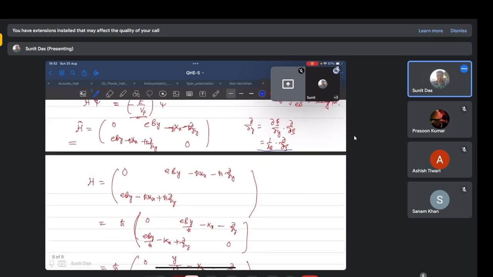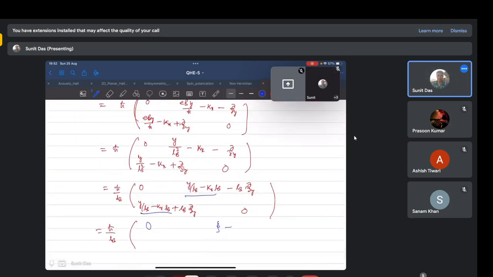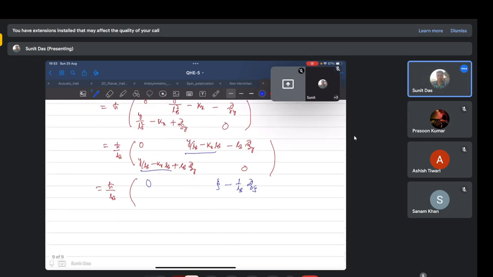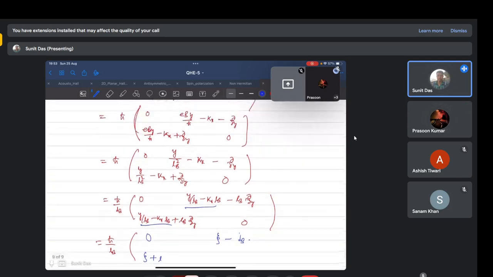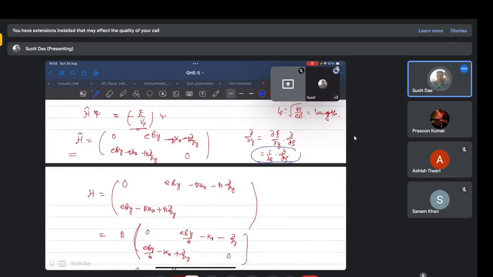Right. So 1 by LB del xi, and xi plus, sorry, what I'm doing. I think there should not be LB here. And del y means this term.